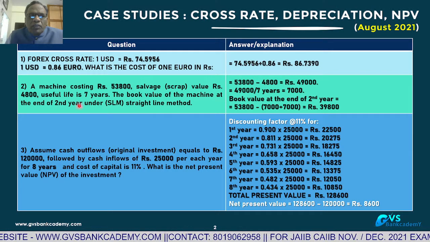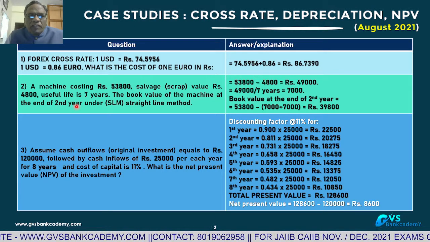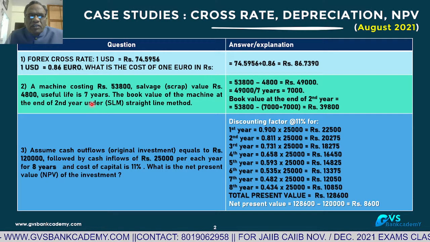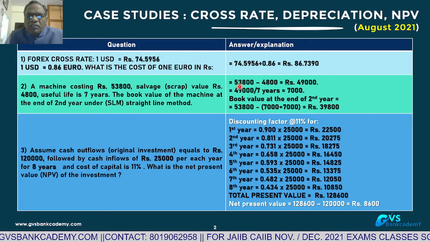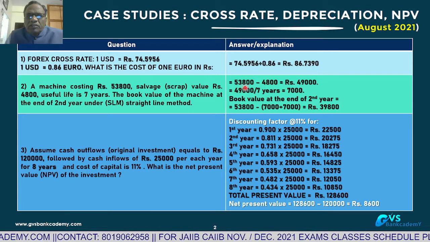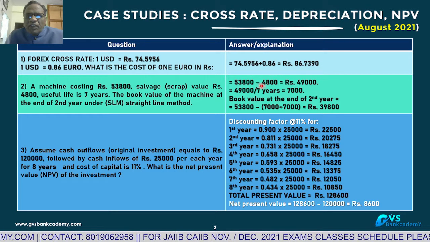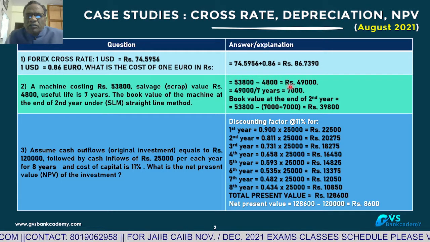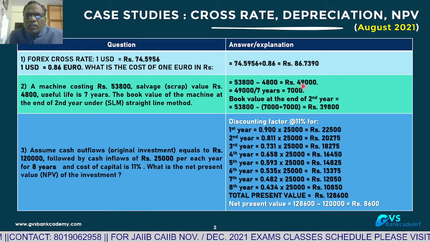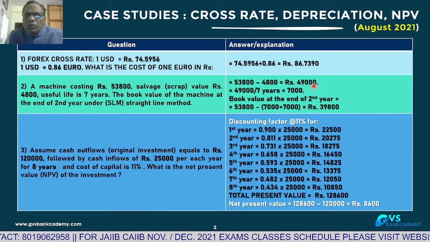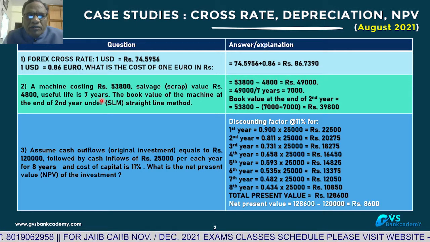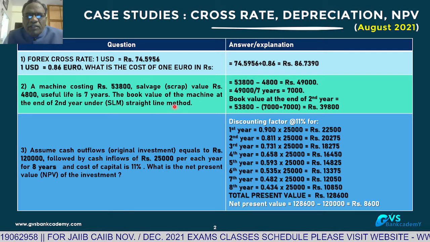Now, what is the book value after providing first year and second year depreciation? Take the cost of the machine, 53,800, minus the scrap value, 4,800. The remaining amount is 49,000. On this 49,000 rupees, you have to provide depreciation over 7 years under the straight line method.